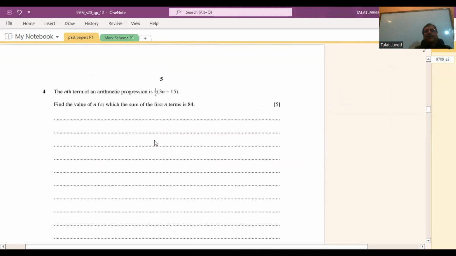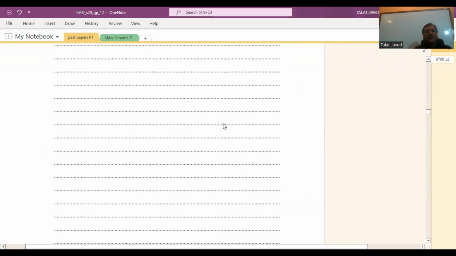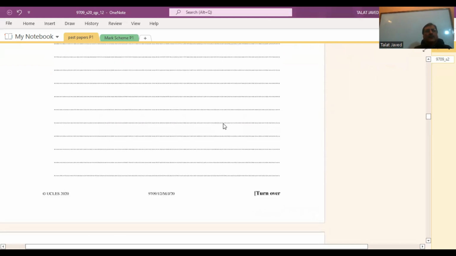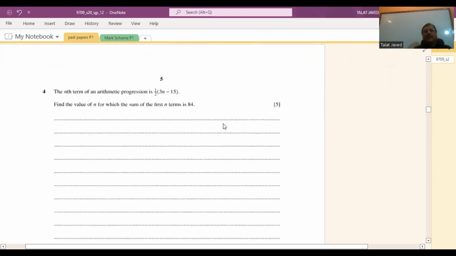Question number 4. This question is related to arithmetic progression, for 5 marks. Arithmetic progression, like 2, 4, 6, 8, 10 and so on.